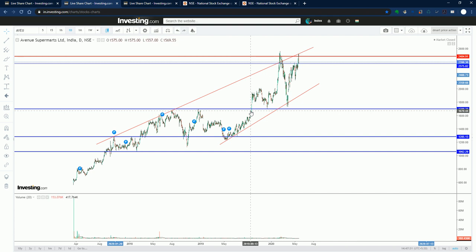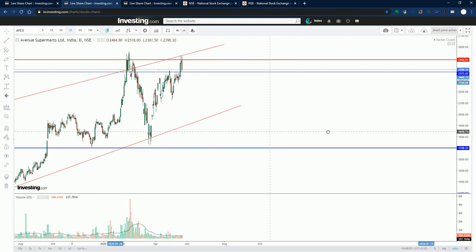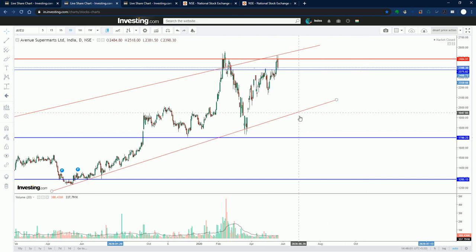After breaking 1700, it never fell back below 1700. So even if it falls here, it can come up to 1700 or to this trend line, depending upon the selling pressure. So that is what is visible.